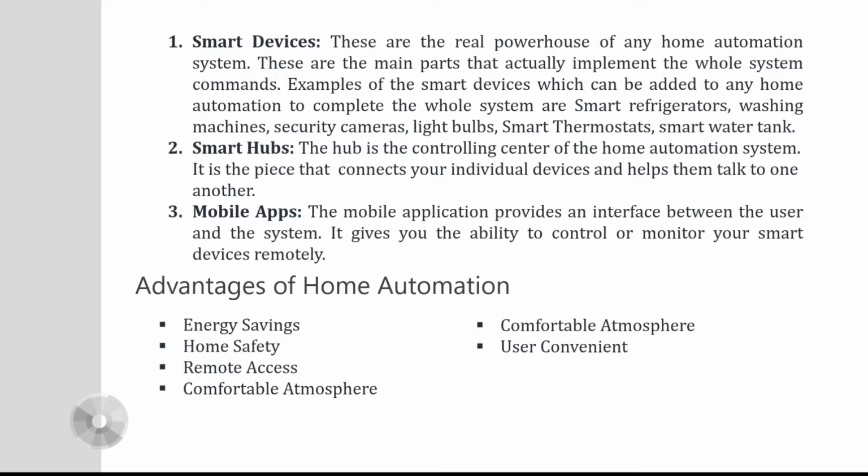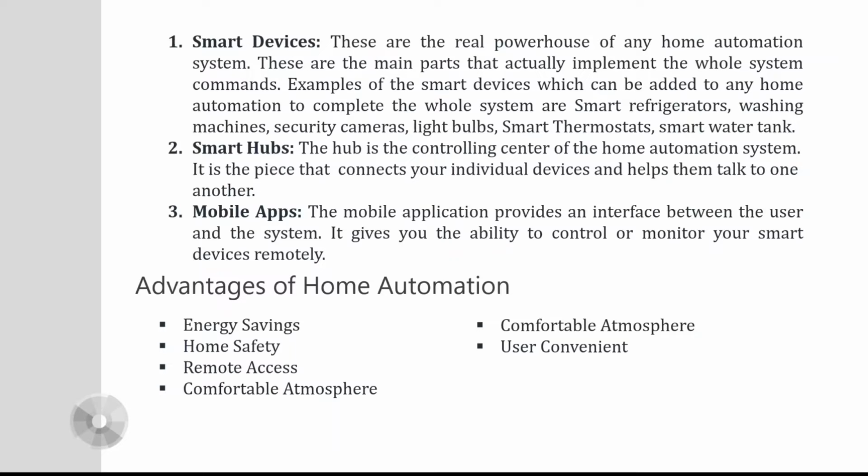Coming to smart hubs, a hub is the controlling center of the home automation system. It is the piece that connects your individual devices and helps them talk to one another, like mobile apps. Coming to mobile apps, here we use the Blynk platform to control the devices in the simulation part that we'll see further.